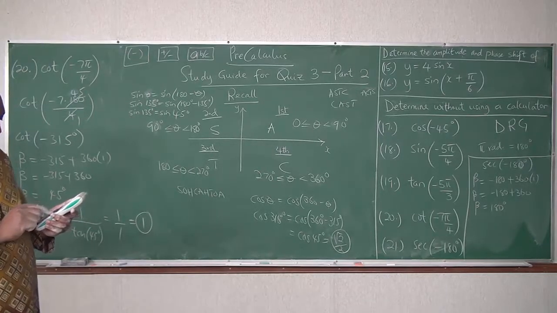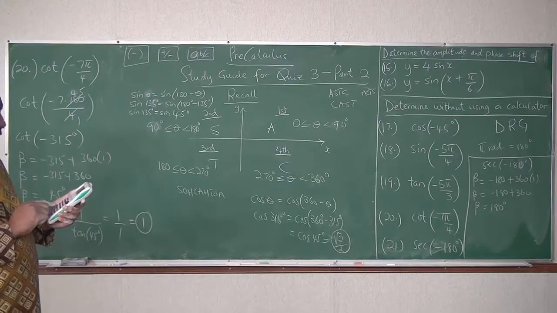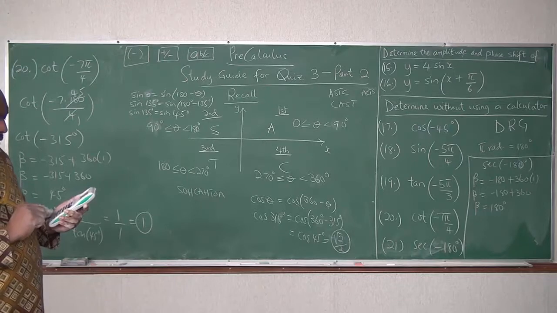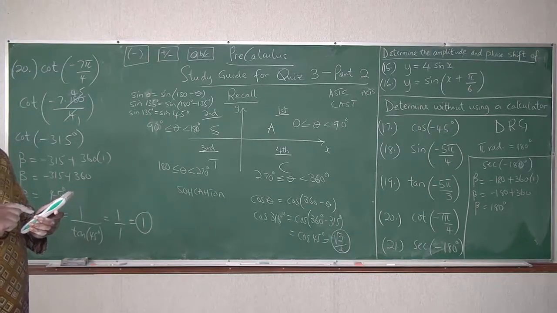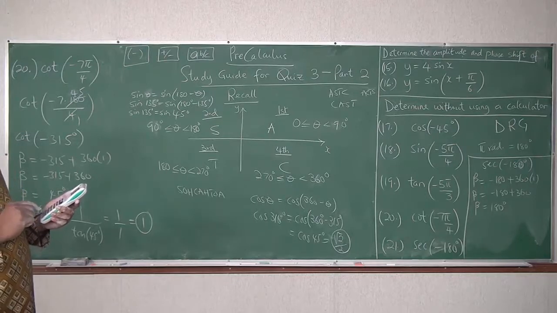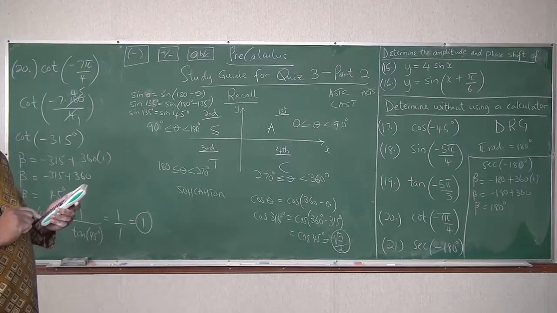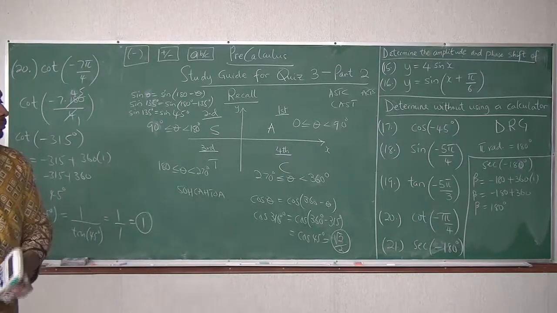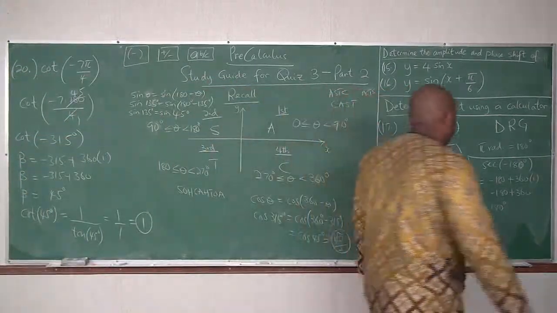So tan of negative 7 pi over 4, in radians, equals 1, and then 1 divided by 1 is 1. That's right.